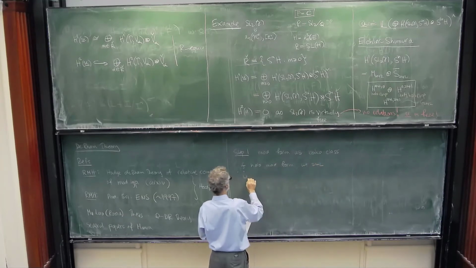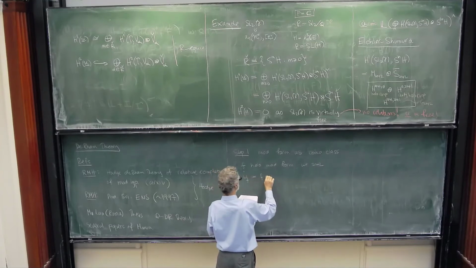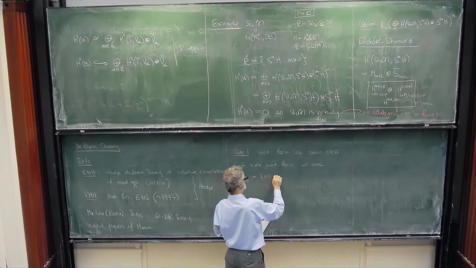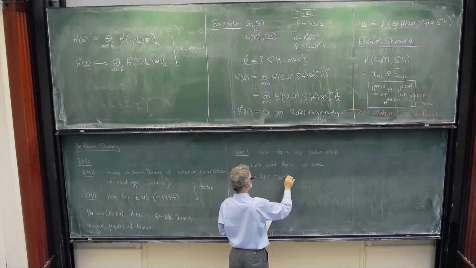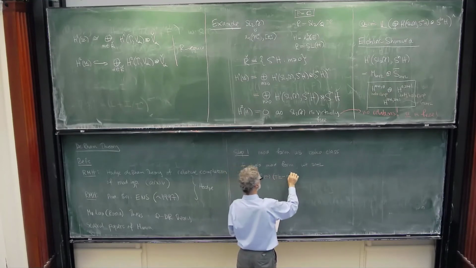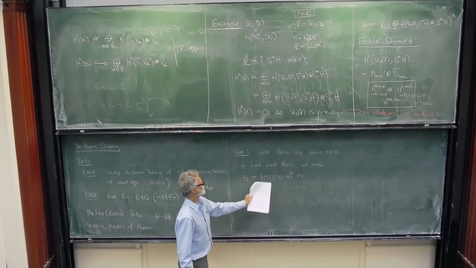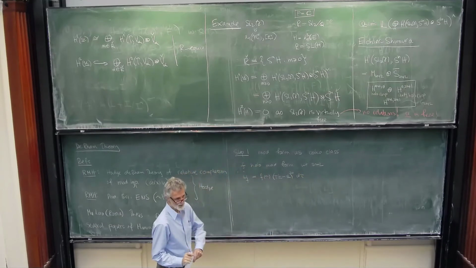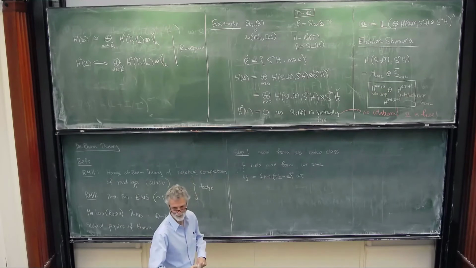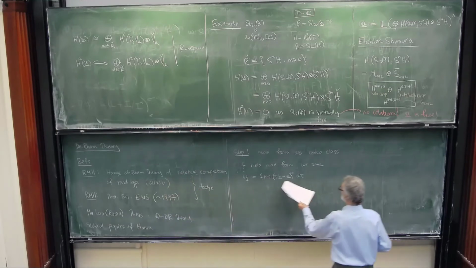And I'll set omega_f, I'll write this as f(tau), and I'm going to write B and A. So why do I write B and A?